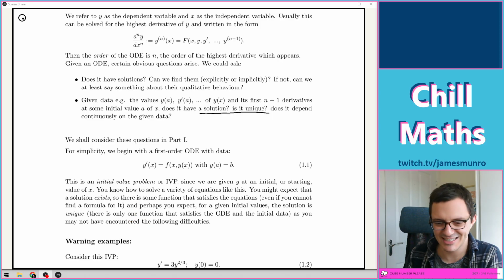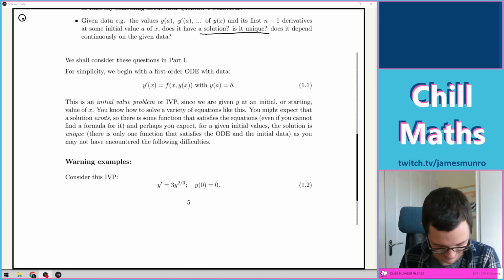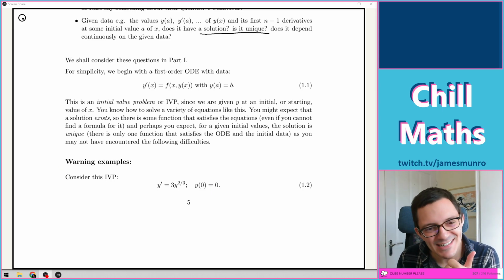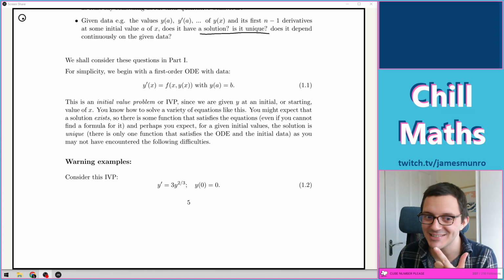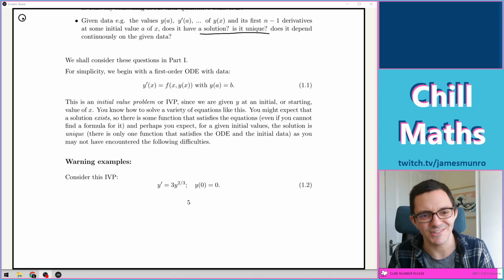Here are some difficulties. And I like this course because it has warning examples. Sometimes you see examples in maths lecture notes, because of course you do. Sometimes you see non-examples, which I like. A non-example is when they show you something that is not an example of the definition or the group of things that we're talking about, so as to give you an idea about where the edges are. I think you see this in school as well.